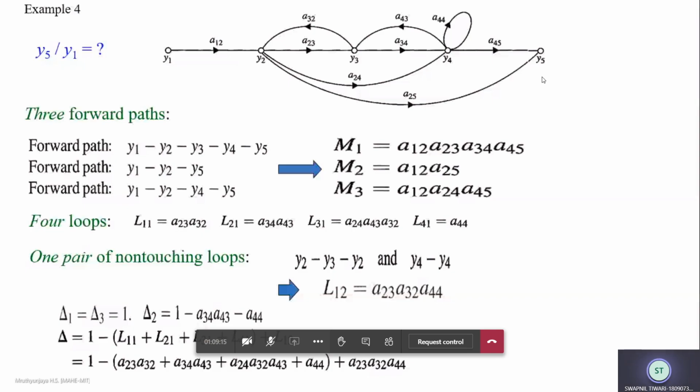Yeah. So I was asking, if we found y4 by y1, and if the question asks us to find y1 by y4, the reciprocal, we can just flip the equation, right? No, it is output divided by input.